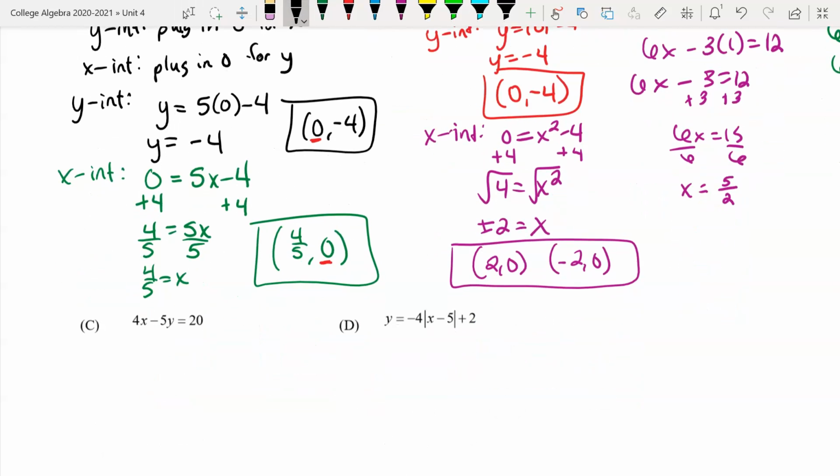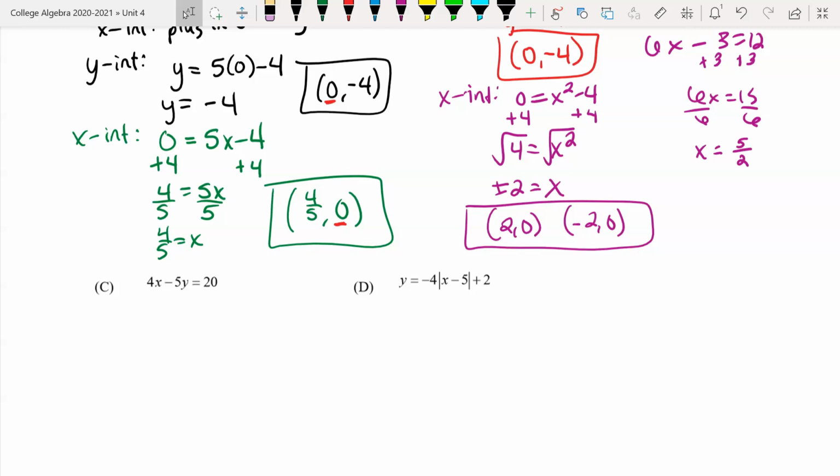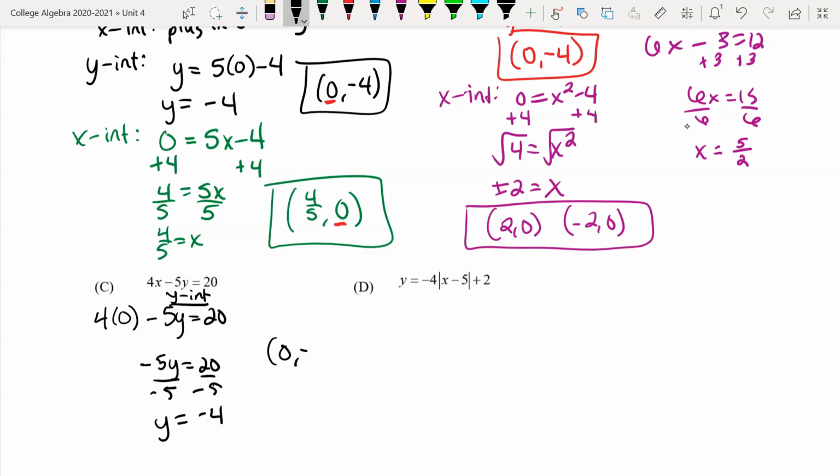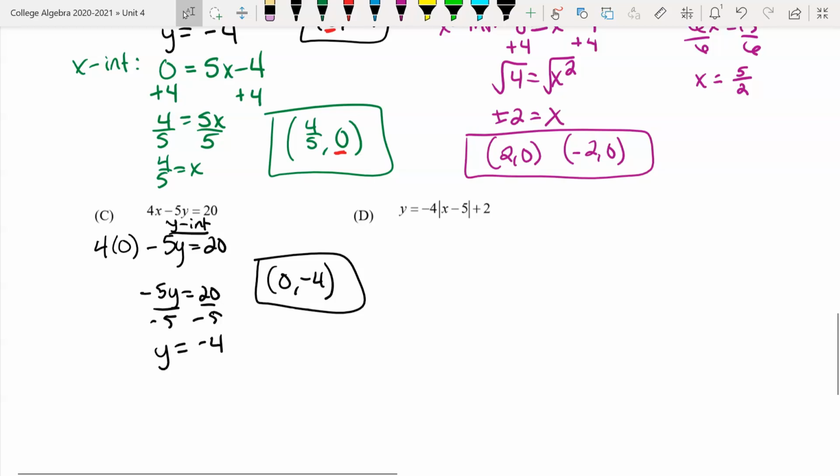Bottom one, it's a standard form. So if I wanted to find the y-intercept, plug in 0 for x. You get negative 4 again. I don't know why they're all negative 4, but it's just the way it works. X-intercept, plug in 0 for the x, and I would solve.